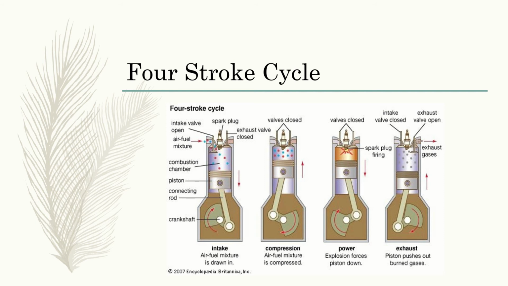So in the half rotation, or 180 degrees, of the crankshaft, the connecting rod goes down, which means the piston also goes down. Due to its downward motion, it creates vacuum pressure. So since our intake valve is open, the air-fuel mixture enters.